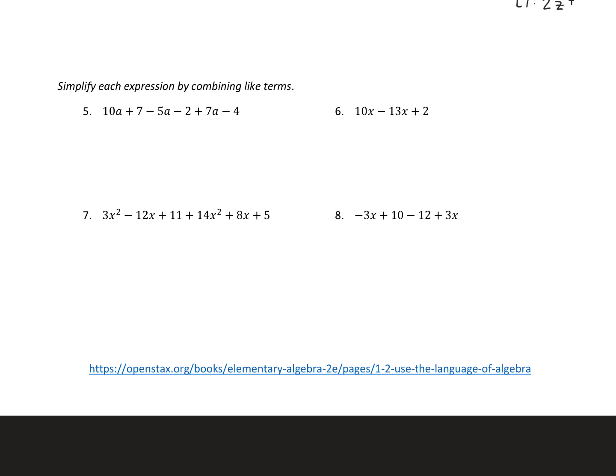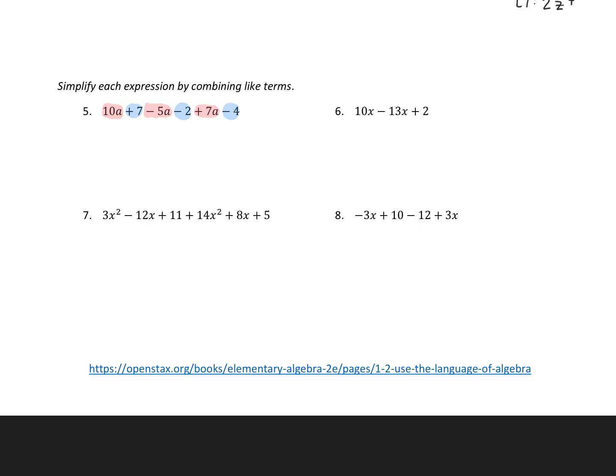So in this example, number 5, I have 10a, and that's like with negative 5a, and then I have 7a. So all of those terms have a's, so they're all like terms. I also have constants, so I have a 7, a negative 2, and a negative 4. And those are all constants because they don't have any variable attached to them.